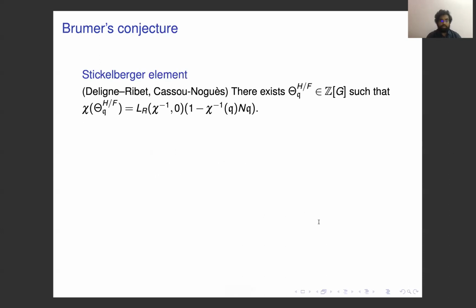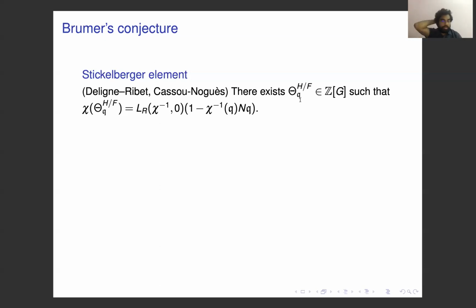Okay, so what does the conjecture of Brumer say? It's a generalization of the classical theorem of Stickelberger, which gives factorization of Gauss sums. So there's an element which encodes L-values of the characters of G, the Galois group of H over F, and this element is called the Stickelberger element, and it's usually denoted by theta.